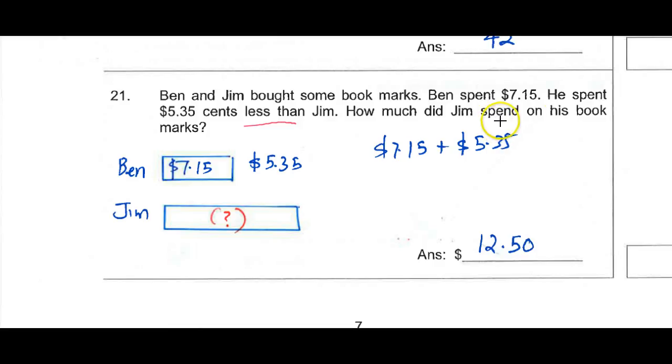How much money did Jim spend on his bookmark? So Ben is $7.15, less than Jim. All you have to do is find Jim: take this, add together 7.15 and this, and you will get Jim's, which is $12.50. Let's carry on to the next one.